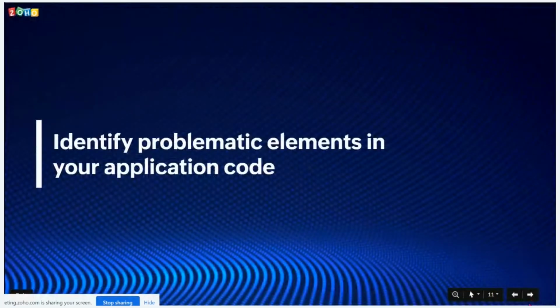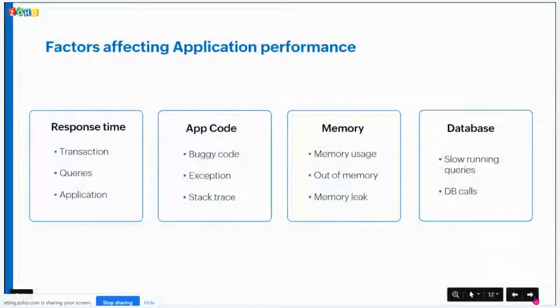Now let's get into the topic, identifying problematic elements in your application code. The main factors affecting application performance are response time, the app code, memory, the database, and the web server.